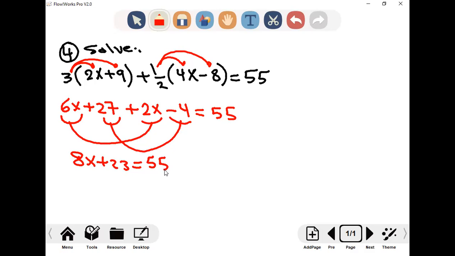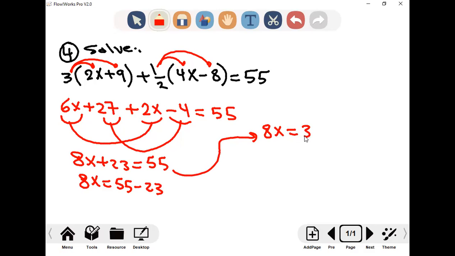Now it is a two-step equation. Shift the 23: 8x equals 55 minus 23, which is 32. Dividing by 8 both sides, x will be 4.